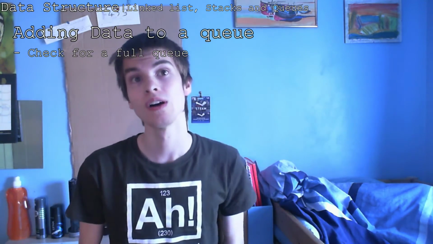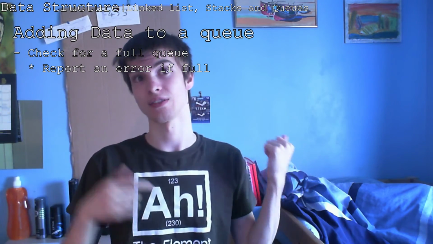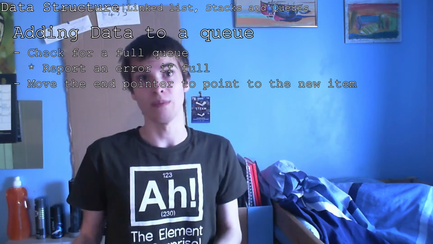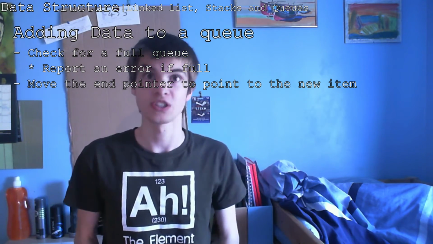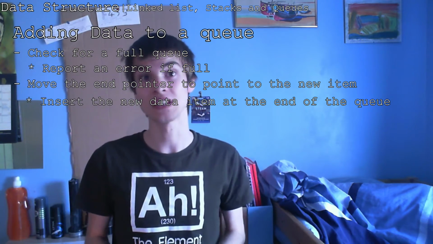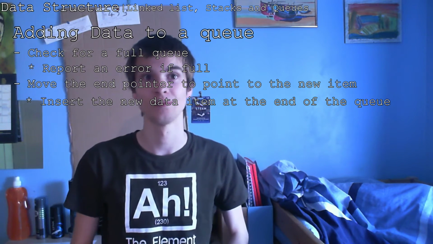So when you want to add data to a queue, you need to check to see if the queue is full. If it is full, it reports an error. If it is not full, then it moves the end pointer to point to the next piece of data. It then inserts a new piece of data at the end of the queue.